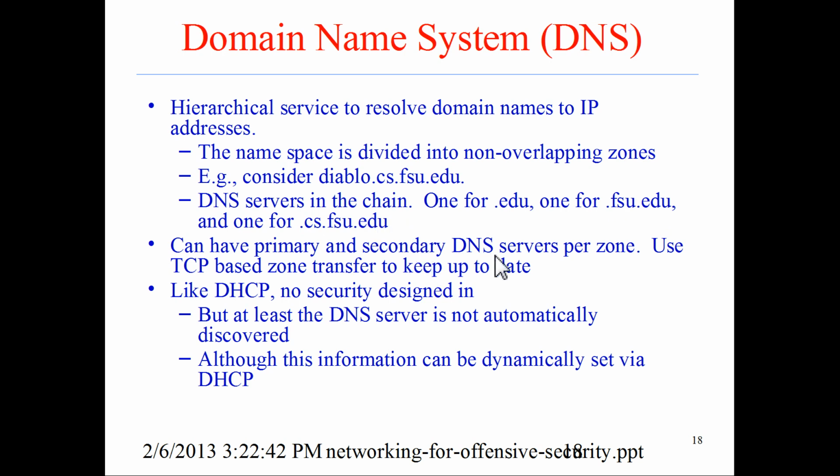You can have a number of DNS servers per zone, usually for providing reliable availability. DNS does use TCP to facilitate zone transfers. However, DNS responds to all domain name requests via UDP. That's an important thing to note on this bullet point.